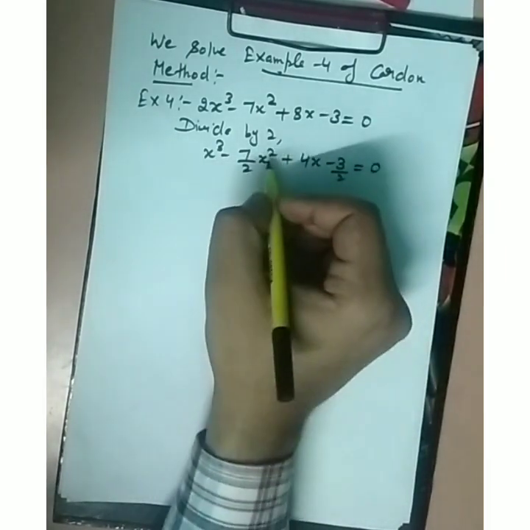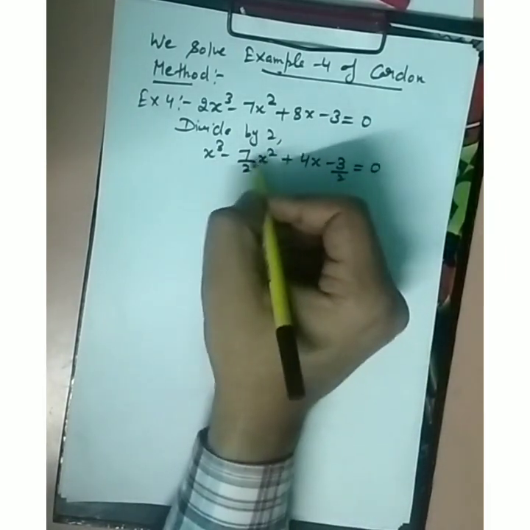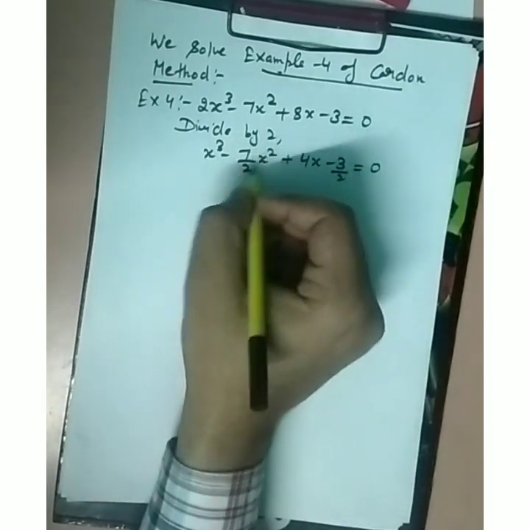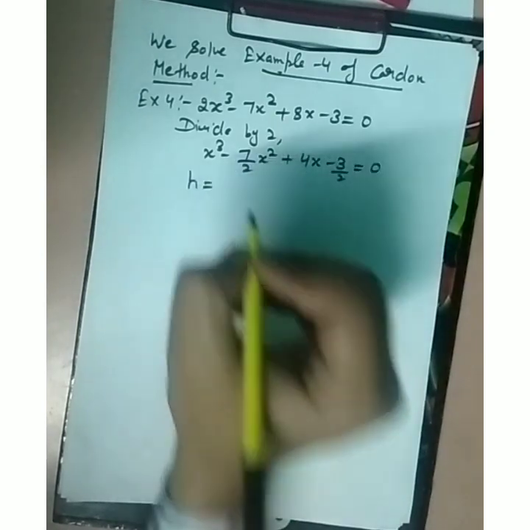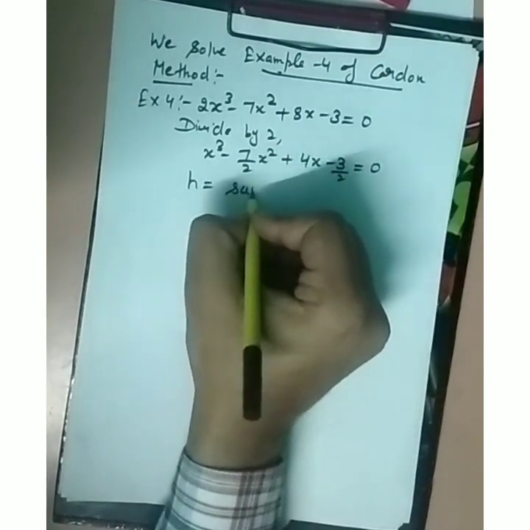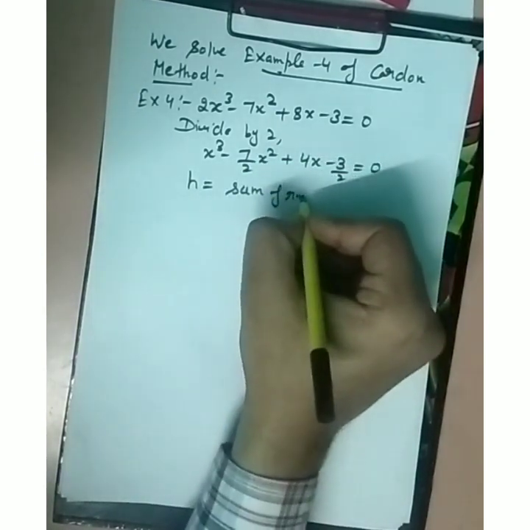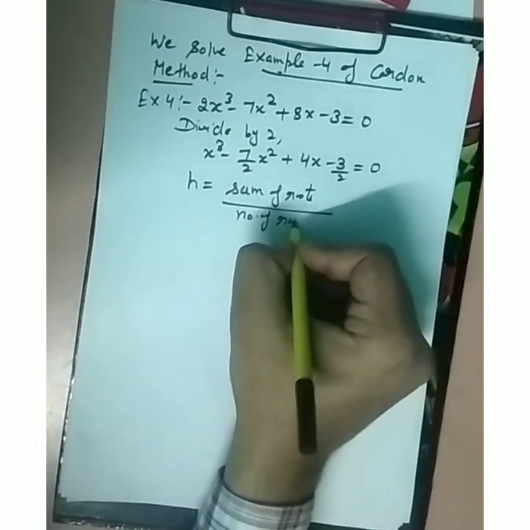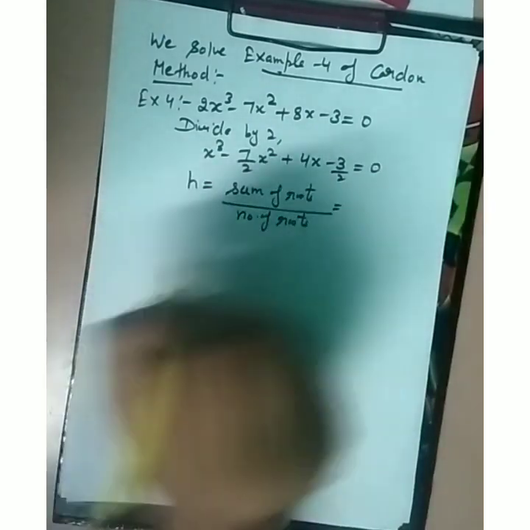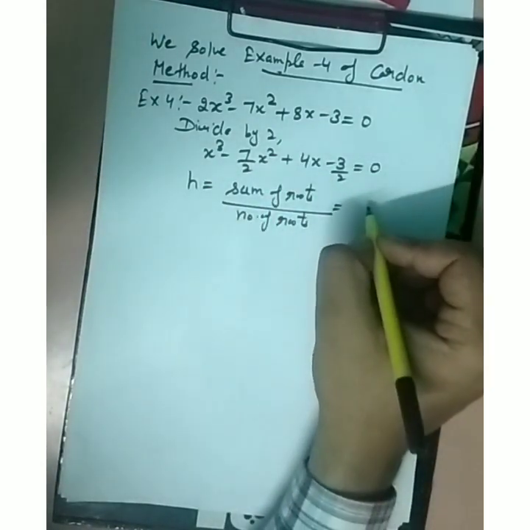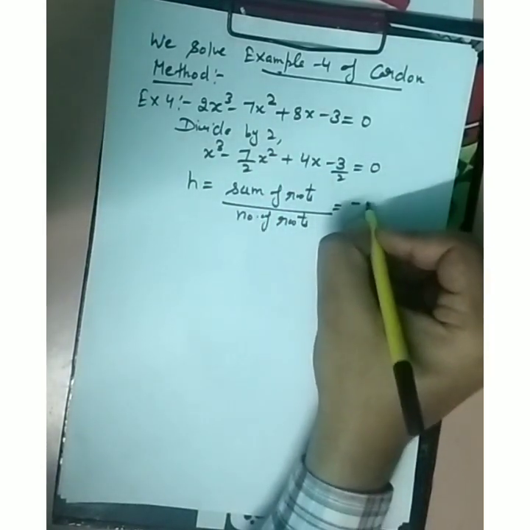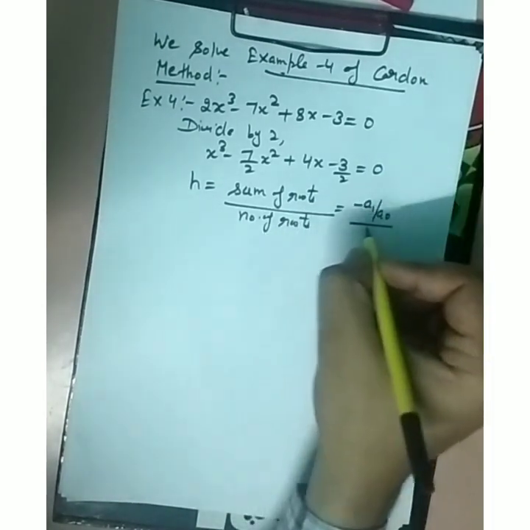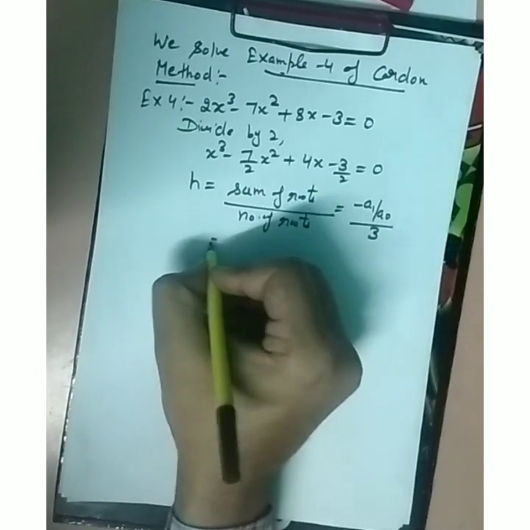And the second degree term must be missing, so we have to make this term equal to 0. For this we have to find h. What is h? H is the sum of roots upon number of roots. So what is the sum of roots? That is equal to minus a1 by a0, upon number of roots, that is 3.